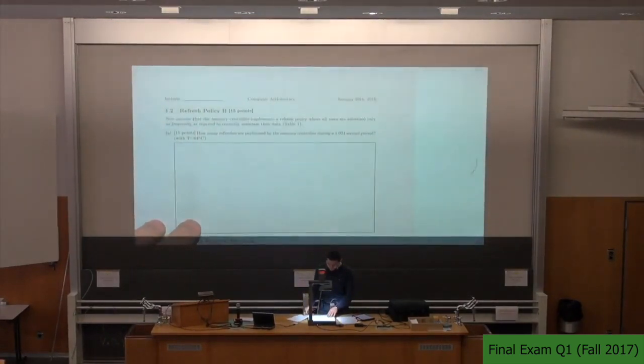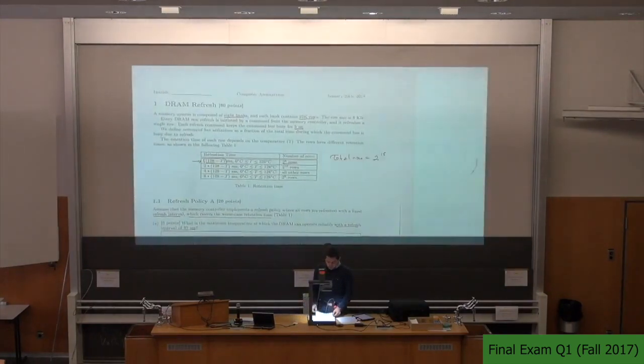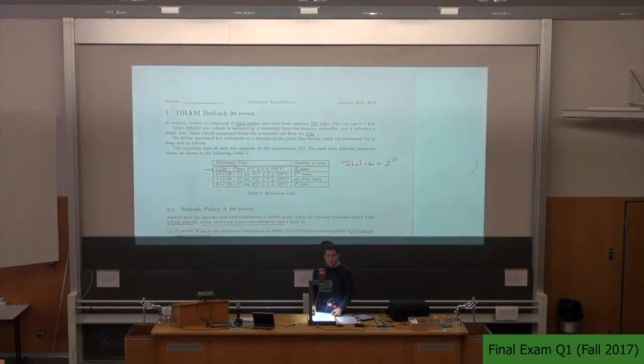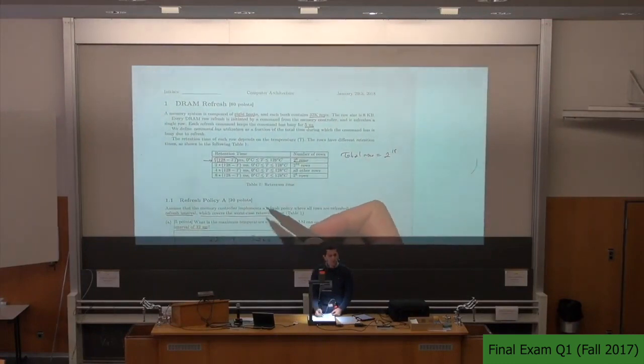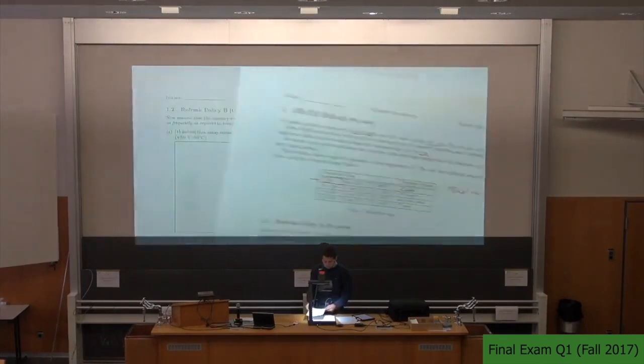So for the second policy, it says that the memory controller refreshes the rows when it is needed. Basically, what does it mean? Given a temperature, if you need to refresh a row, based on this table, the memory controller refreshes it.